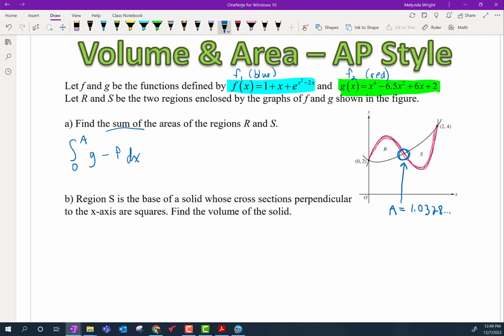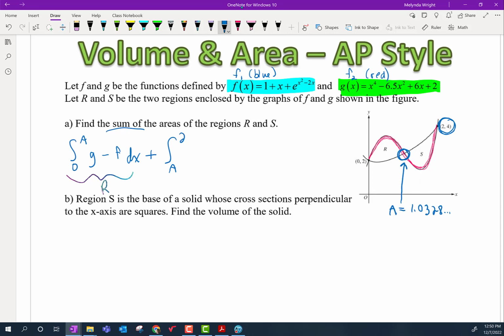Okay, so that's to find, I'm going to make a note to myself, the area for R. Plus my next integral is going from A, that number that we found, the intersection, all the way to the x value of this coordinate point, because we're with respect to x.